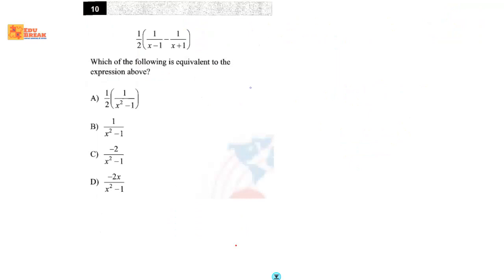Question 10. Half times 1 over x minus 1 minus 1 over x plus 1. Which of the following is equivalent to the expression above? Okay, using this rule, so we have half, and we have a difference between two squares in the denominator.